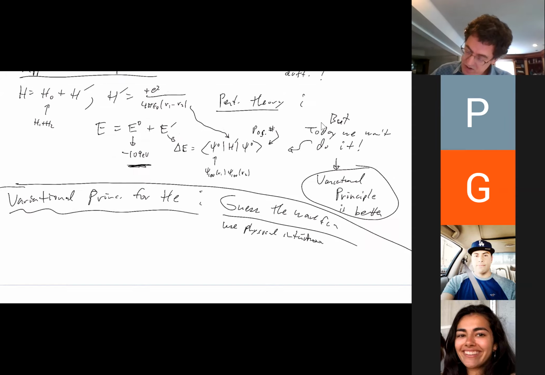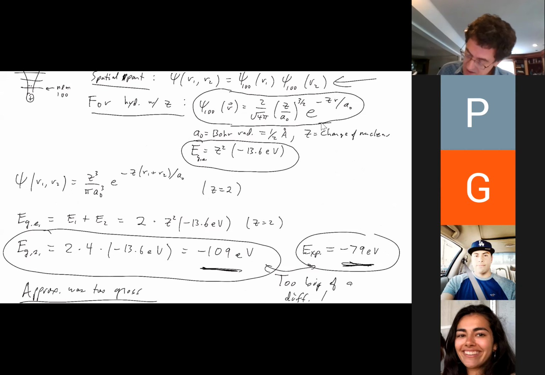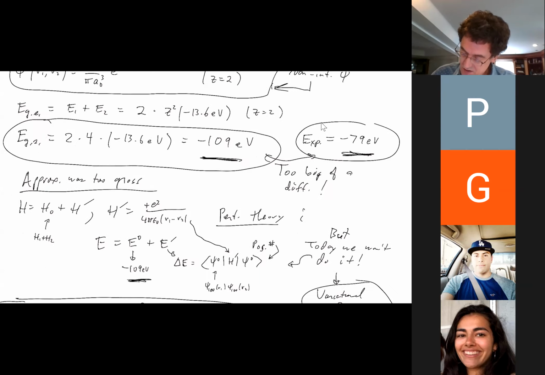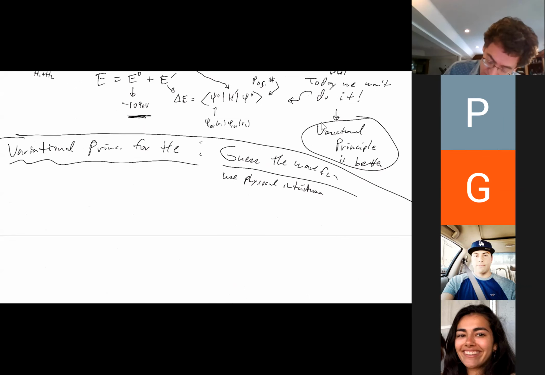And the physical intuition comes from this. Because look, we see here that this is the non-interacting wave function. And so let's write that down.